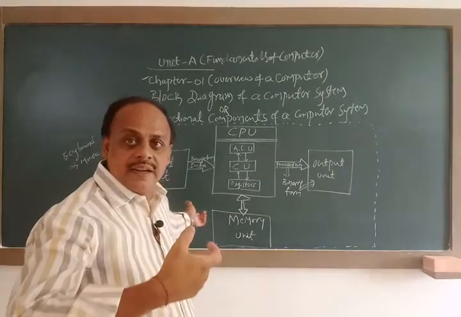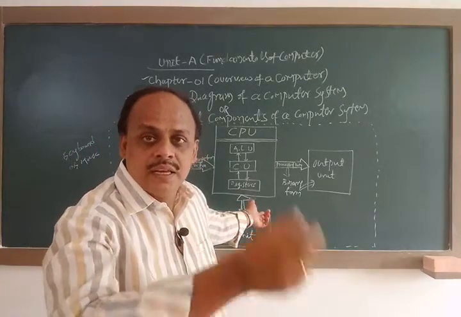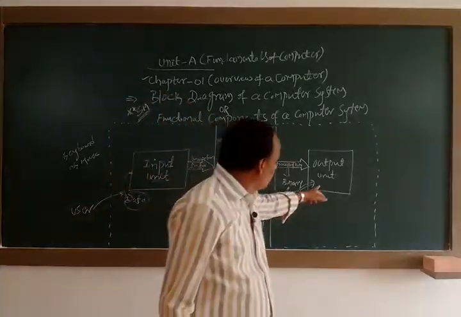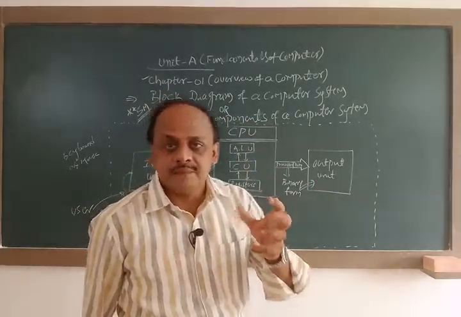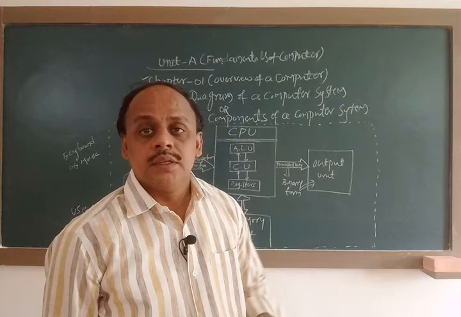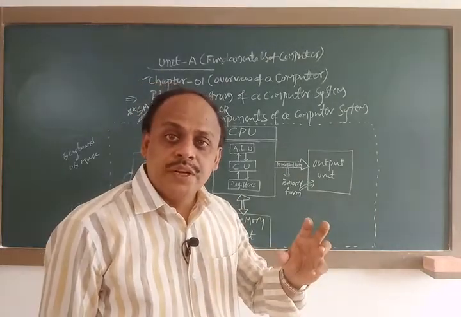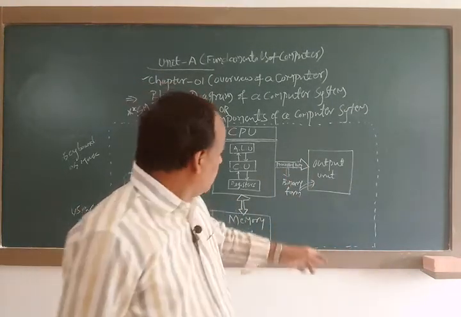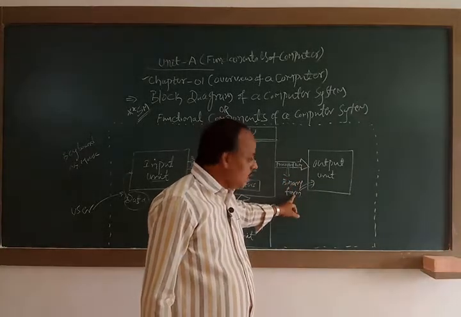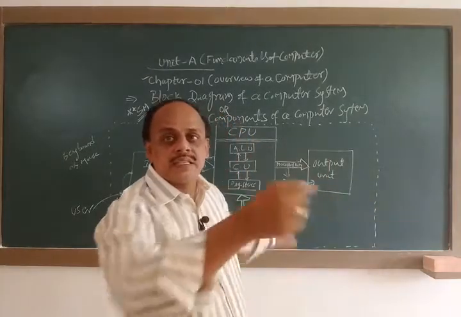In the same manner that the input unit converts the user entered form to binary form, this output unit also has some electric circuits that are going to convert processed binary form data to user understandable form.